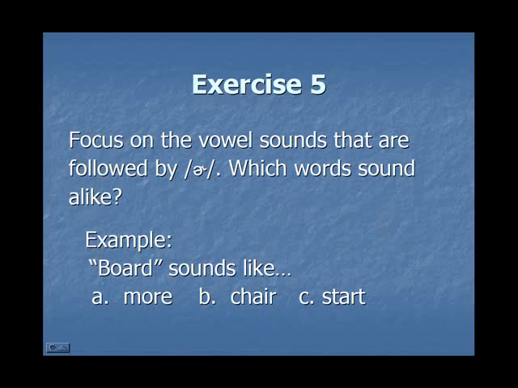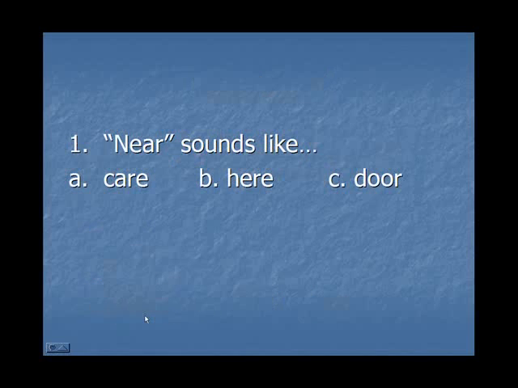Exercise 5. Focus on the vowel sounds that are followed by R. Which words sound alike? Example: board sounds like A. more, B. chair, C. start. Answer: more. Board, more. Number 1.